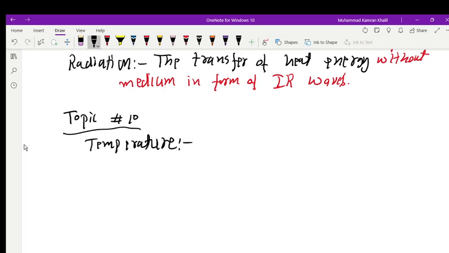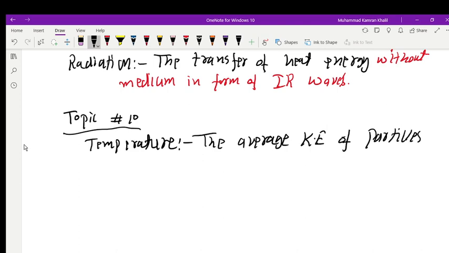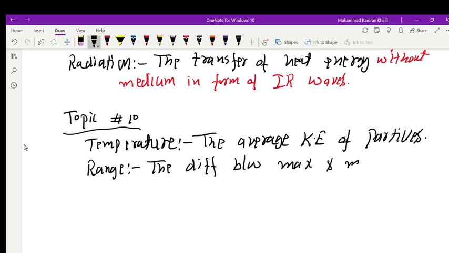So actually the temperature is the average kinetic energy of the particles. The range of thermometer. Range: the difference between maximum and minimum temperature.